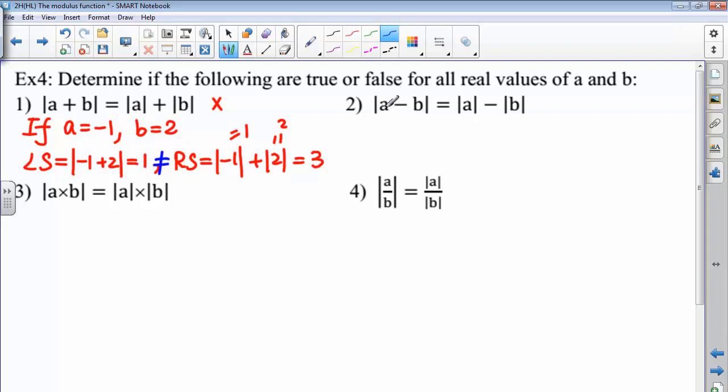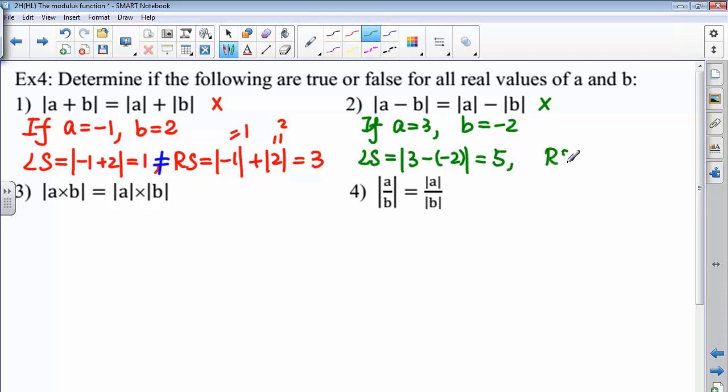Similarly, the second one, the absolute value of a minus b equals the absolute value of a minus the absolute value of b. This one is also false. Let's pick two numbers. If a is 3, b is -2, the left side is the absolute value of 3 minus brackets -2, and this value is 5.